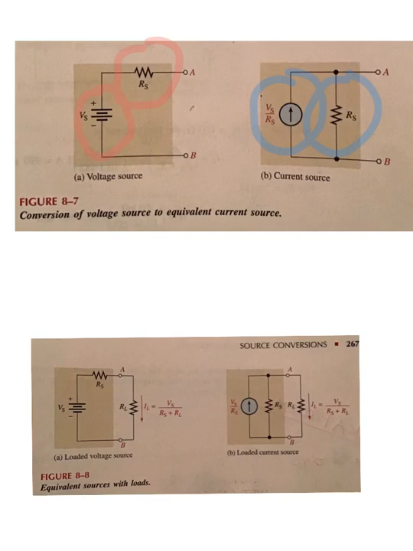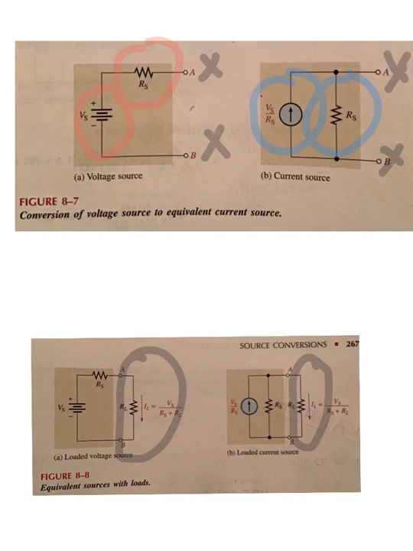So in other words, if points A and B are considered the exact same points, when I connect a load resistor, if you look at the bottom figure 8-8, each of these resistors receives exactly the same amount of current flow, regardless of whether it's a current source or a voltage source.